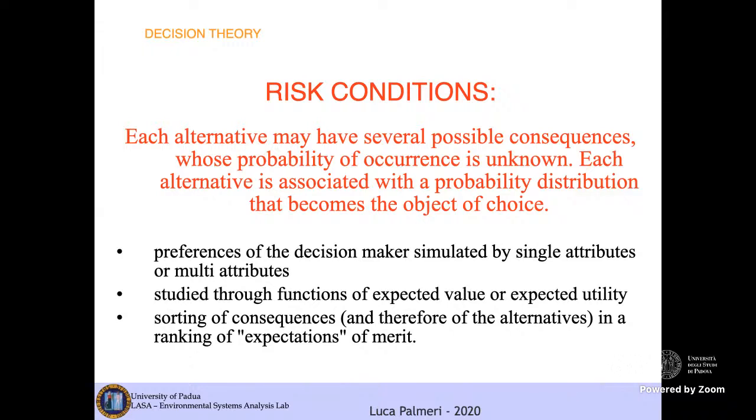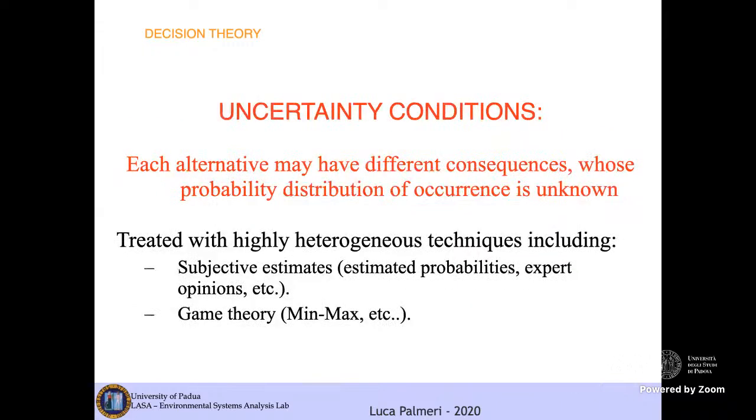So the choice here concerns choosing different probability distributions. The preferences of a decision maker are simulated by single attributes or multiple attributes again. They are studied through functions of expected values or expected utility, the sorting of consequences, and therefore of the alternatives, in a ranking of expectations of merit. So it is not a complete sorting.